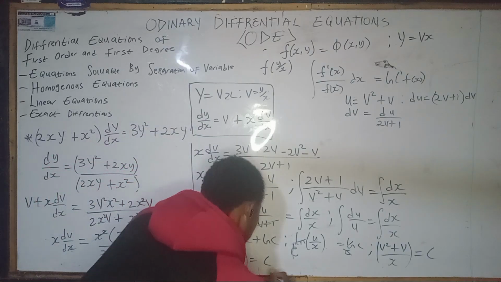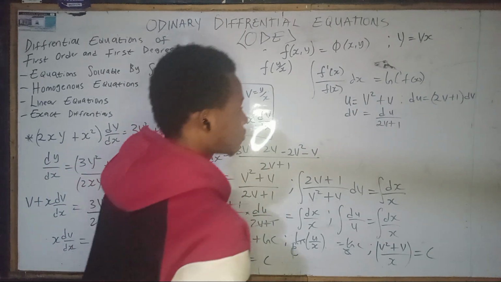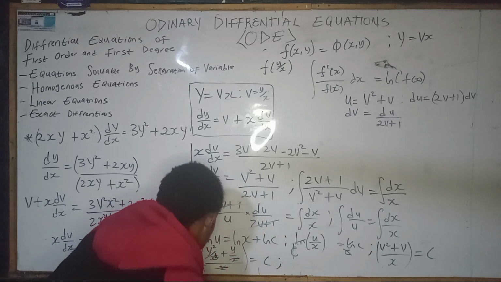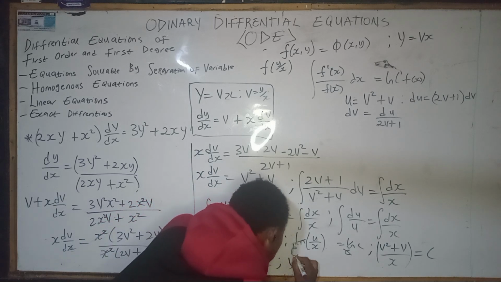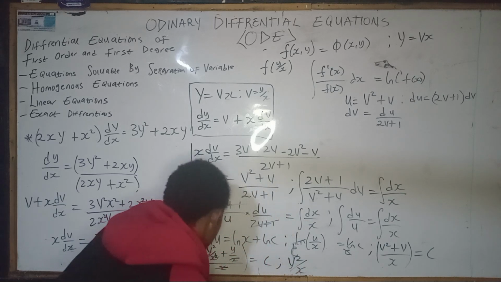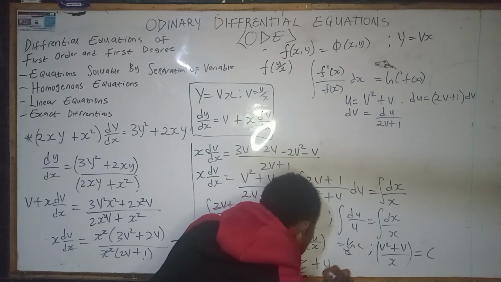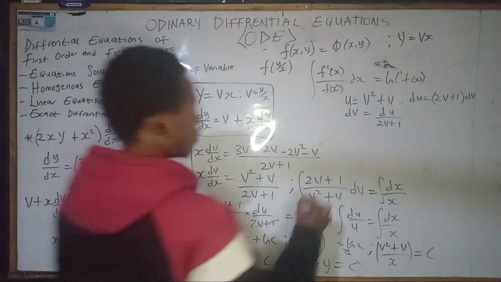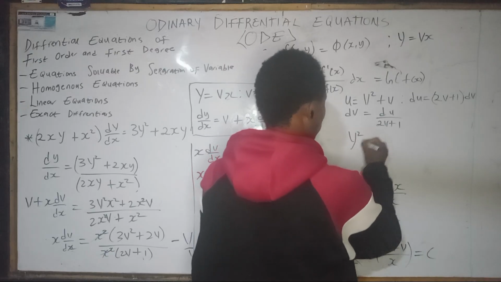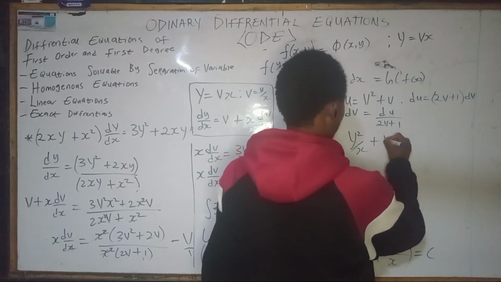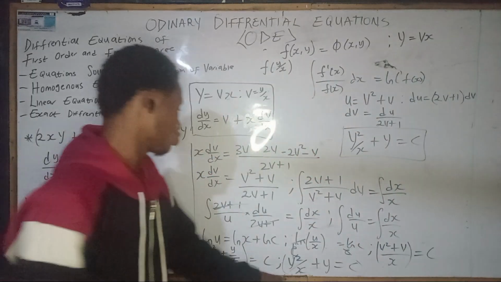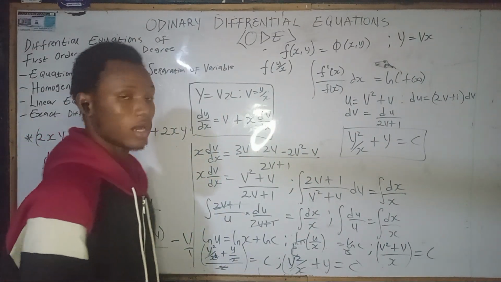So we have our final answer: y² over x plus y is equal to c. Let me bring it up here. We have y² over x plus y equals c. So now this is going to be our final answer.